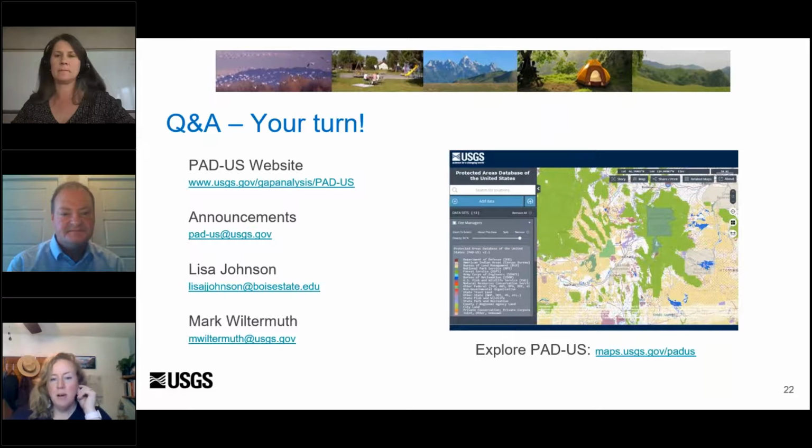Can you further describe how PAD US might be able to help monitor our 30 by 30 performance? Yeah, so again, PAD US right now is offering up the protected areas as well as the multi-use lands, as well as other conservation or other values within those GAP 4 categories.